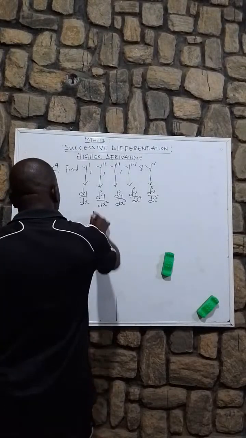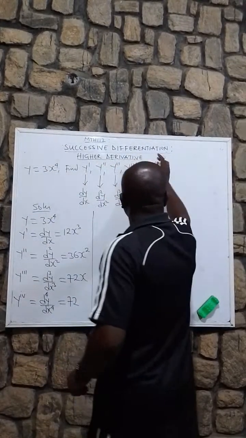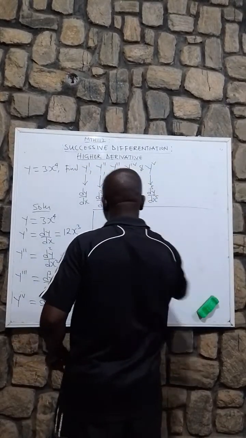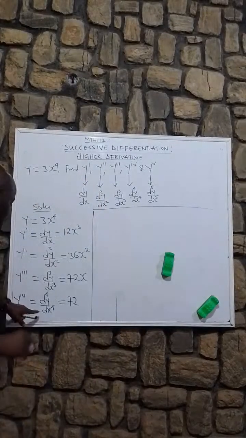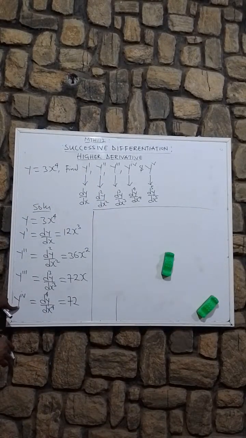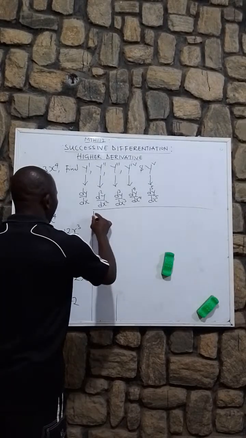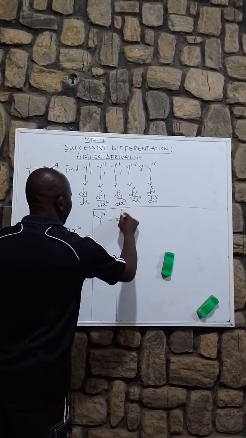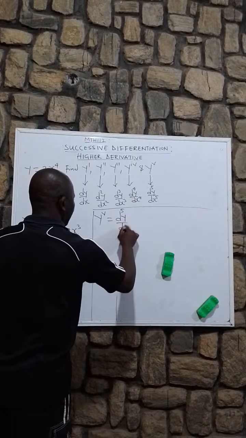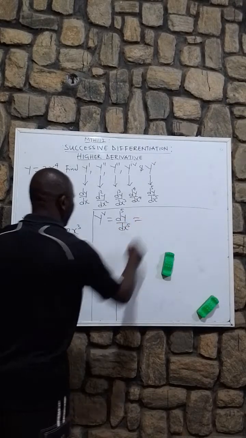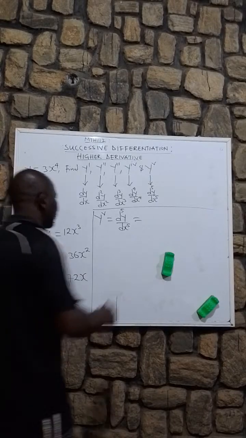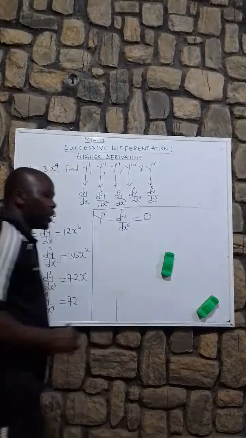Then to obtain y v, we have to differentiate y iv. So our y v is equal to d raised to the power of 5 y over dx raised to the power of 5. Then this is a constant, and whenever you differentiate a constant, you obtain what? 0. So can you see now?